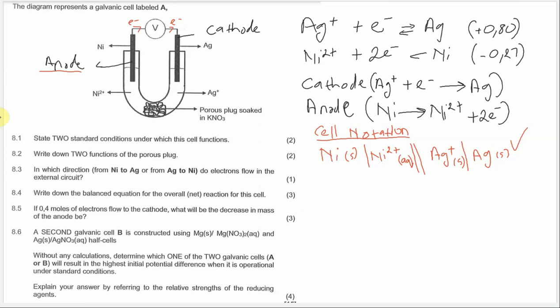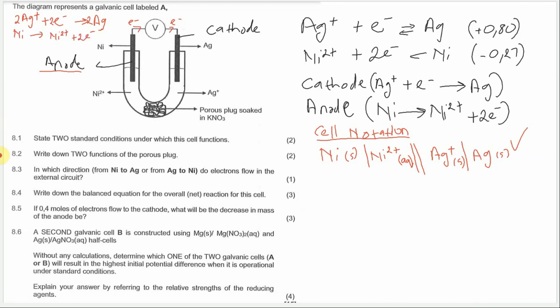I can rewrite these two reactions here at the top. You have Ag+ + e- giving Ag, and to balance, you must multiply everything by 2 so that you have a balanced reaction. And then here you have your nickel, going to Ni2+ + 2e-.